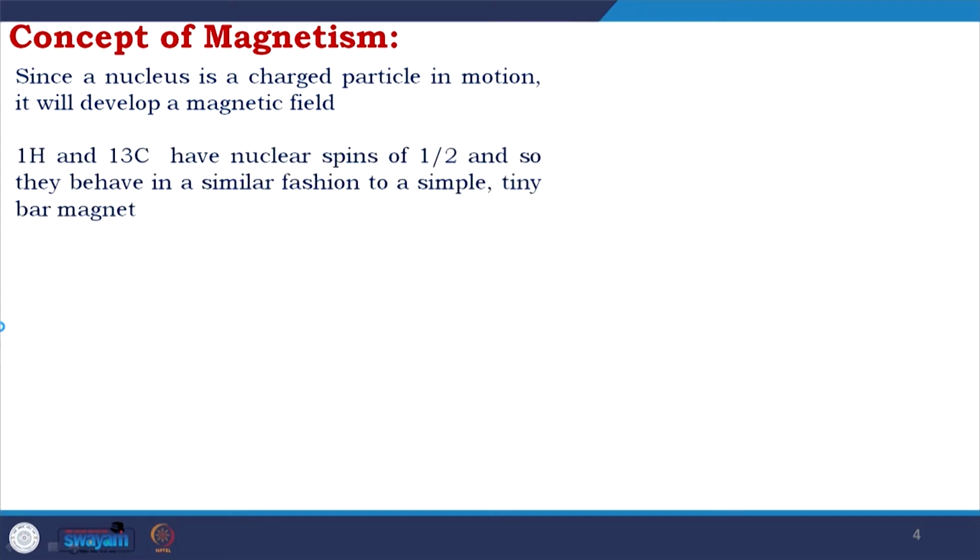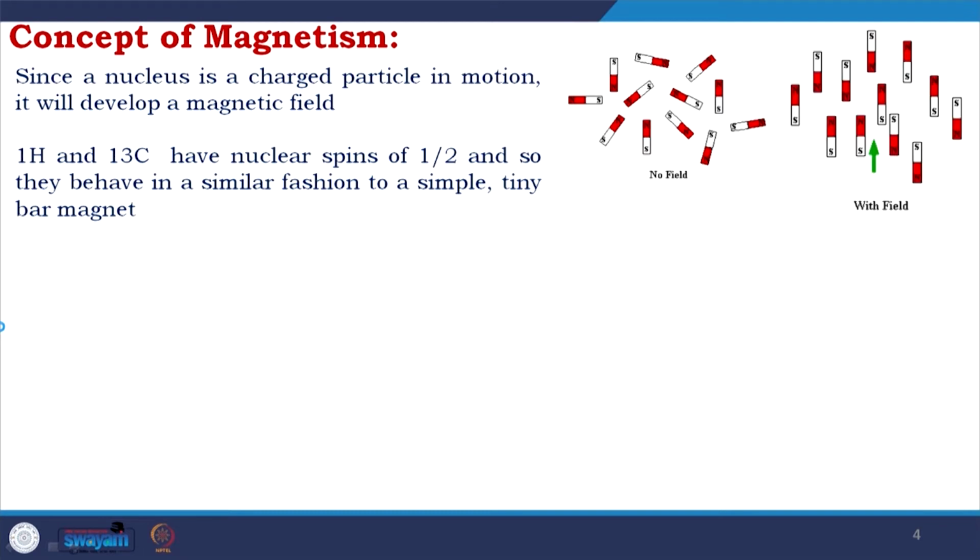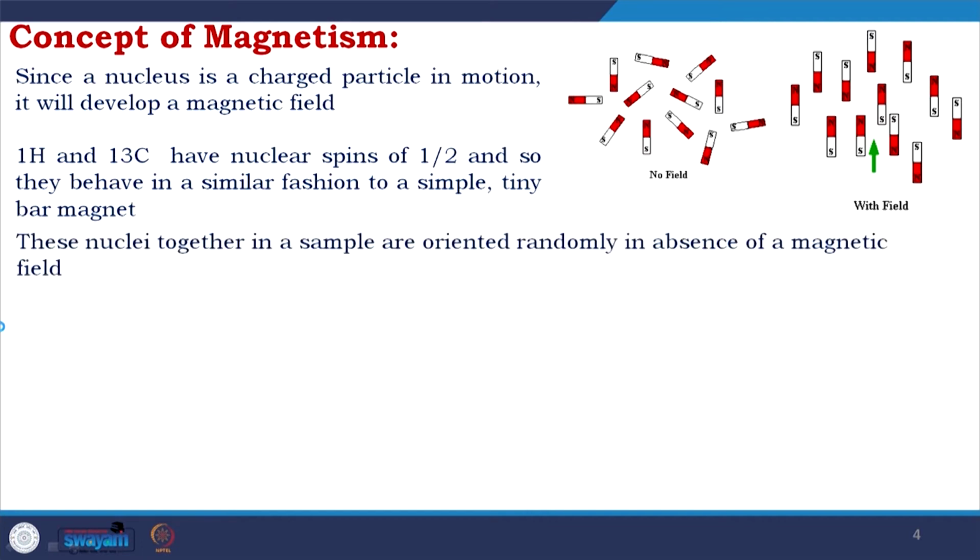1H and 13C have nuclear spins of one half, and so they behave in a similar fashion to a simple tiny bar magnet. When there is no field, they are disorganized in their orientation like this, and when a field is applied, they would be properly oriented. These nuclei in a sample are oriented randomly in the absence of a magnetic field.